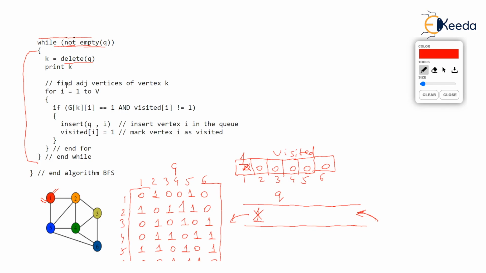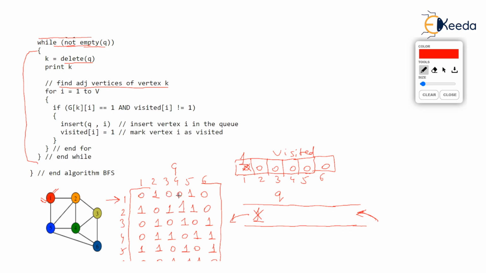Okay, so 1 has got printed. Now what? After printing any vertex, we will check the adjacent vertices of that. So how do you know who are adjacent to vertex k? Remember k is 1. You just go to the first row of the matrix and see all columns in this row.